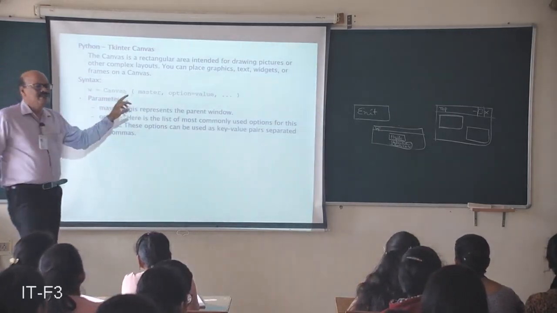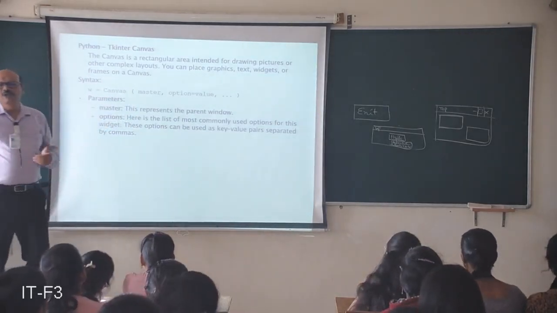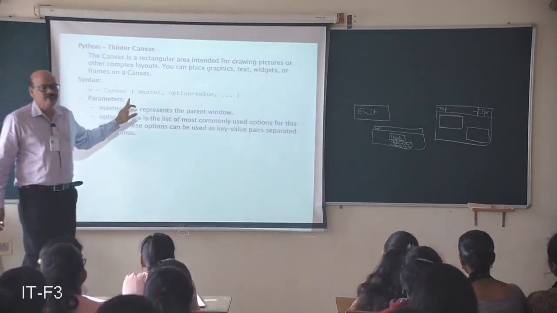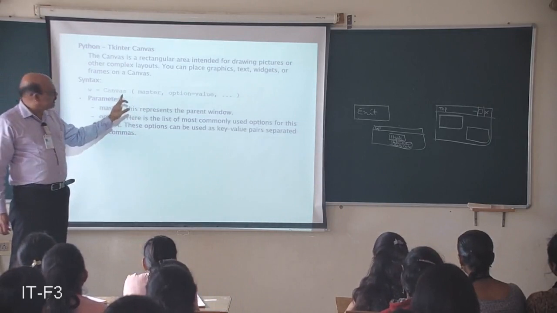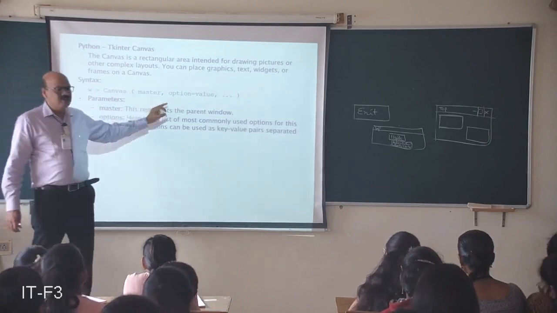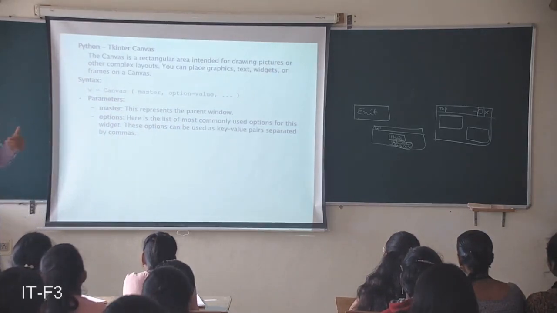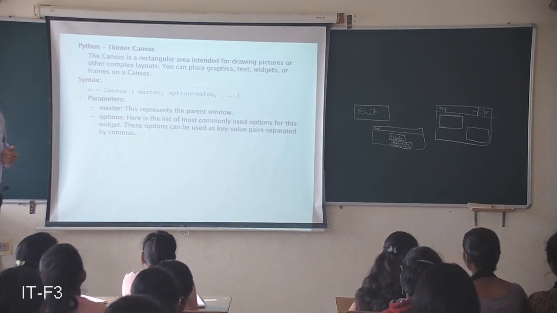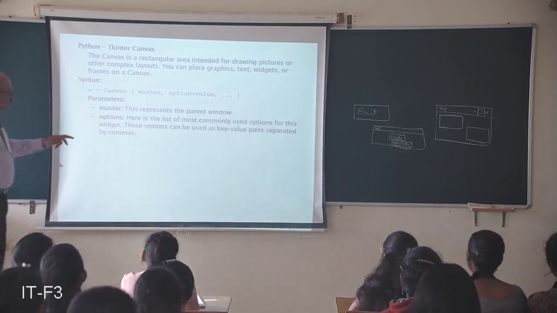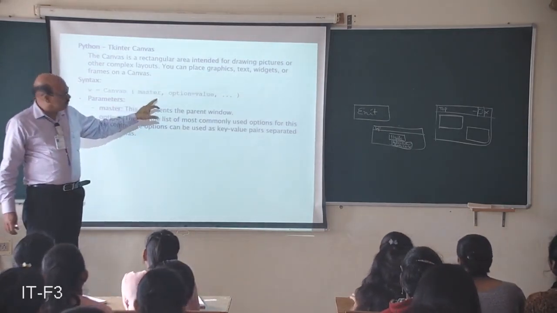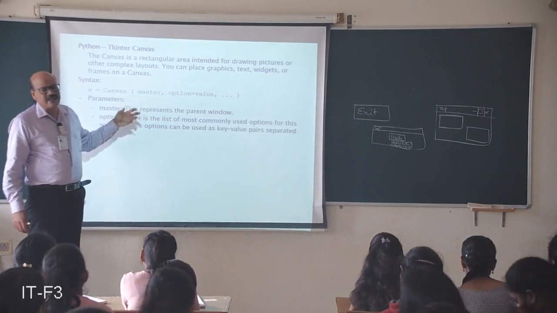Now what is the syntax? Whenever we want to create a canvas, Canvas is the name of the predefined object. So tkinter.Canvas. Now as usual, the first parameter happens to be the top level window, or the window or frame you want to display this canvas on.